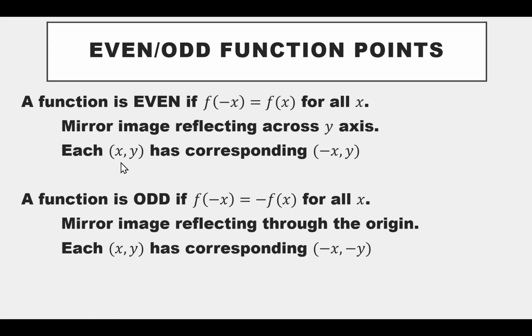What I mean by that is, if every point on the function has a corresponding point negative x comma y, then it's reflected across the y-axis, it's even. If every point x, y has a corresponding negative x, negative y, then it's reflected through the origin, and I can see that it's an odd function.